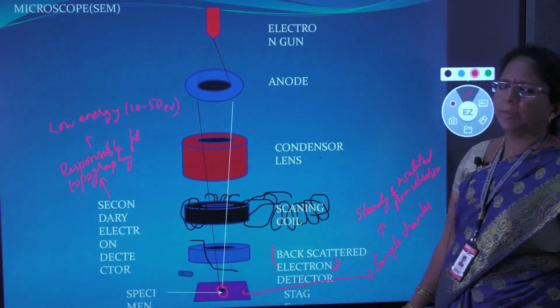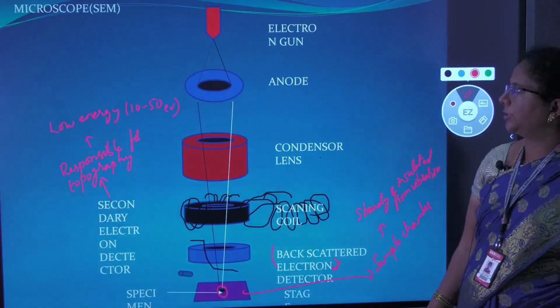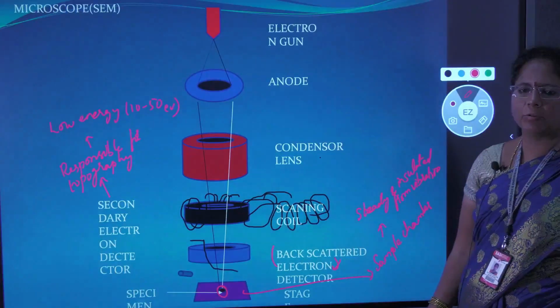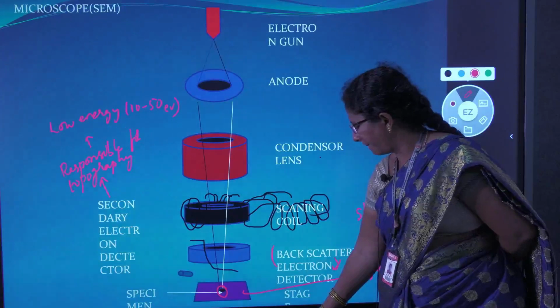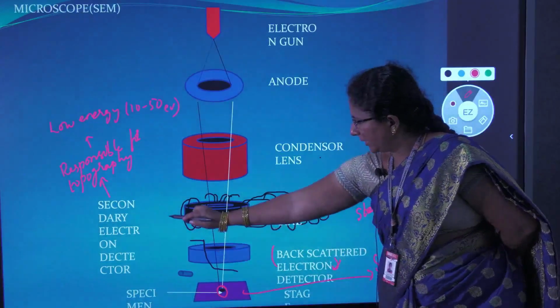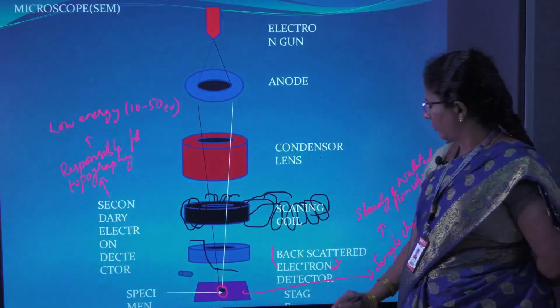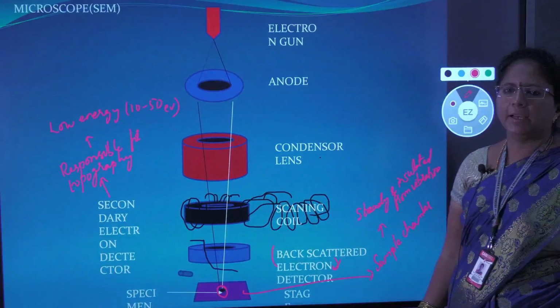So this is how we record the image using scanning electron microscopy. Here, the detectors detect the secondary electrons and backscattered electrons.